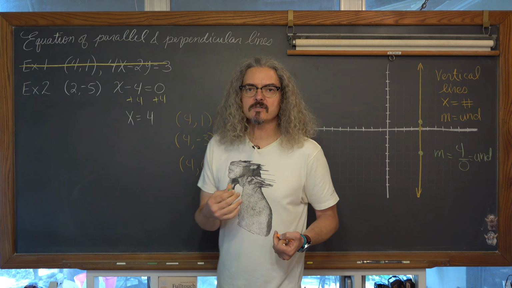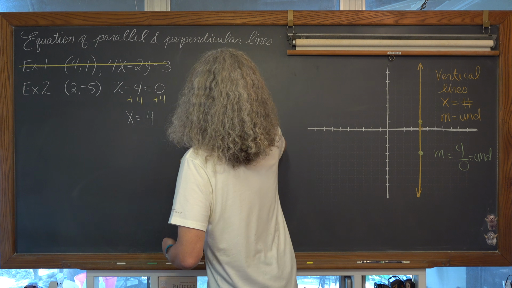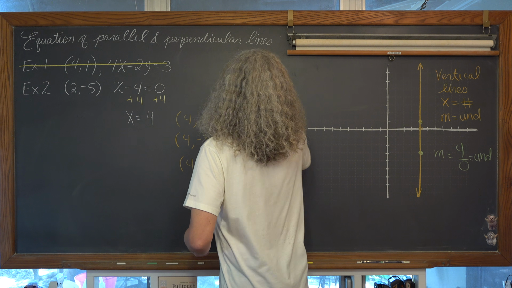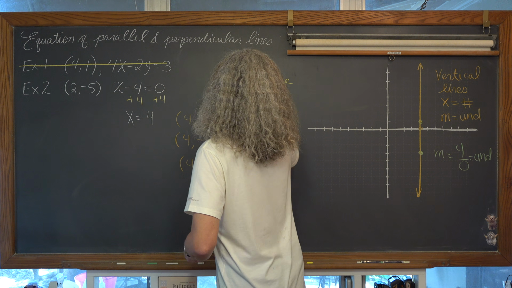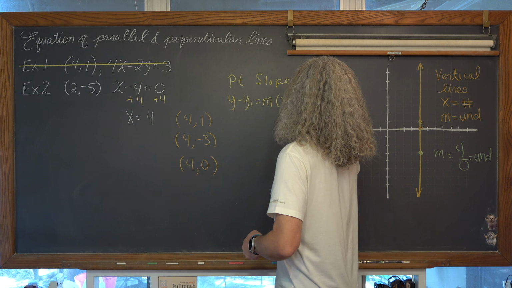And if you don't have a slope, how are you going to work with the point slope form of a line, which again is y minus y sub 1 is equal to m times x minus x sub 1?